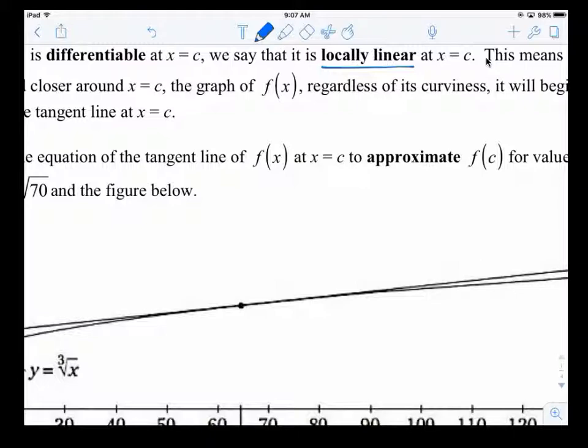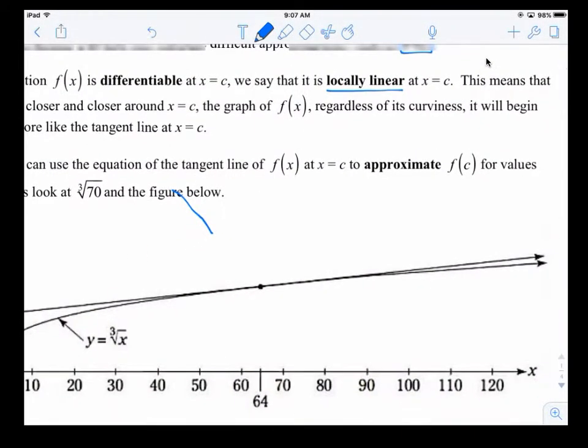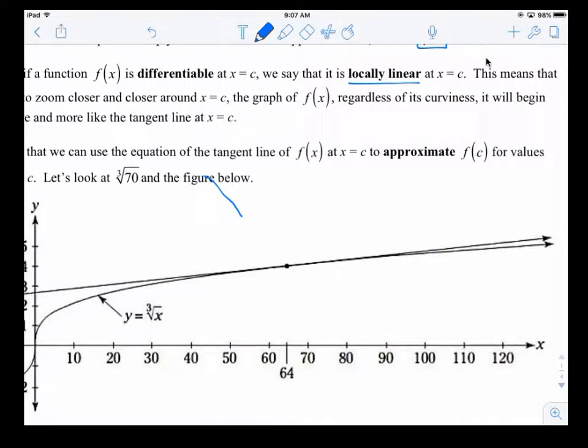So the line on the top here would be your tangent line, and the line on the bottom would be the curve of the cube root of x, right? They only actually intersect at this point right here, which is 64. But I can use the tangent line to help me approximate values a little bit to the left and a little bit to the right of this point.